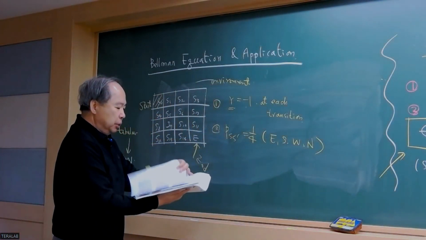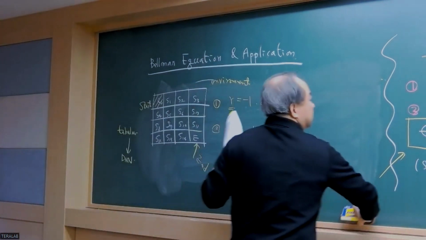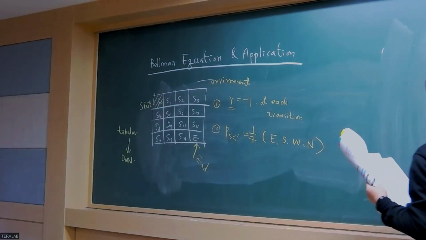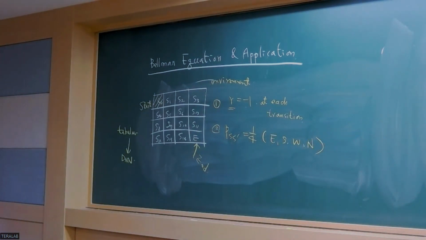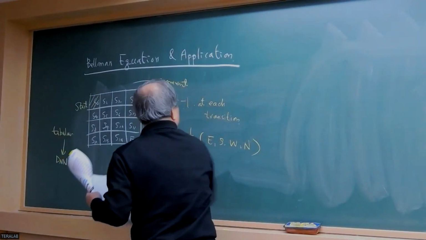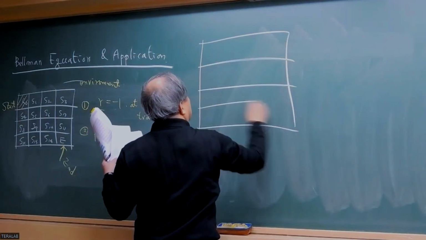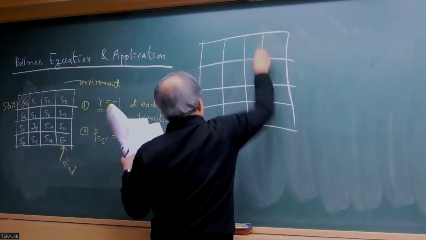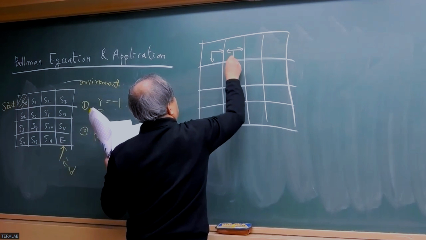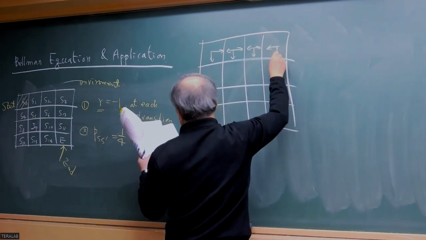Then what we're going to do is, at this moment, the policy is like that. Uniform transition probability.